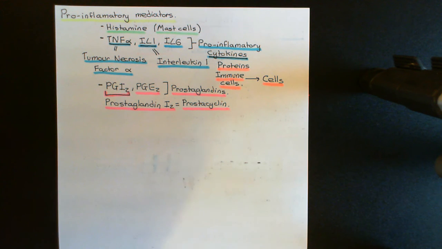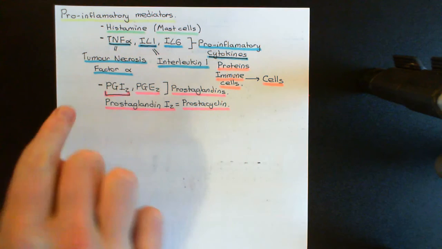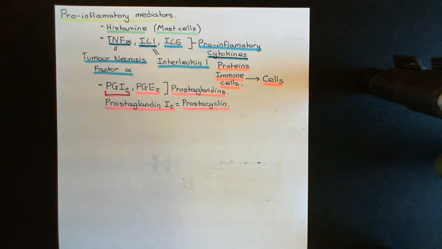Whereas I'm going to explain what each and every one of these does, so we'll build it into a nice cohesive picture. So these are the ones that I think it's worth knowing about, and I'm going to explain exactly what they do.